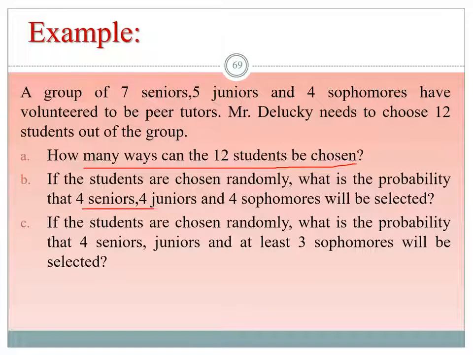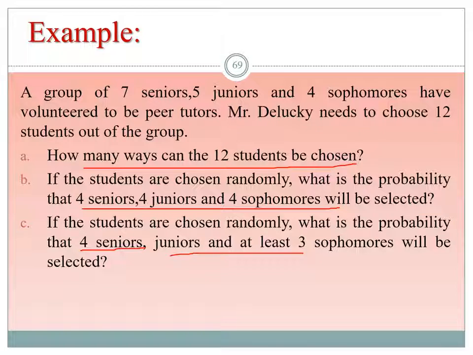In this probability case, the denominator is 16C12 and the numerator is 7C4 times 5C4 times 4C4. And the third one: if the students are chosen randomly, what is the probability of 4 seniors and juniors, and at least 3 sophomores? Here the seniors and juniors are fixed, but the sophomores are not. At least 3 sophomores means a minimum of 3, maybe 3 or 4, and the maximum we have is 4.